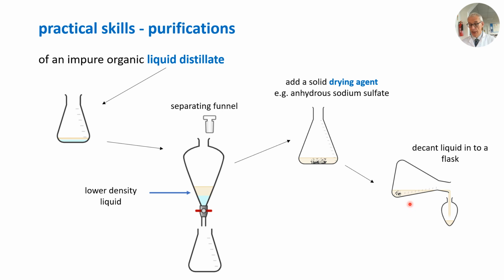If you add an excess, you'll see that some solid remains, so you decant the liquid into a flask, leaving the solid anhydrous sodium sulfate behind, and then your final measure is to redistill your now dry distillate and collect at a known target boiling point for your target molecule.